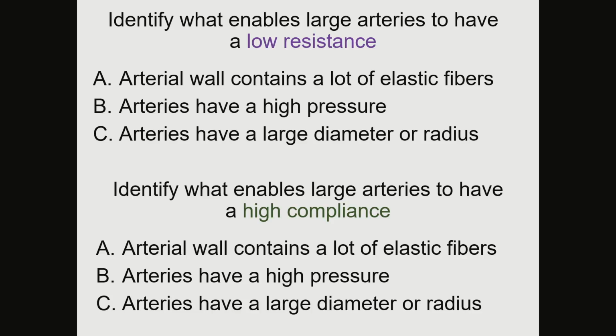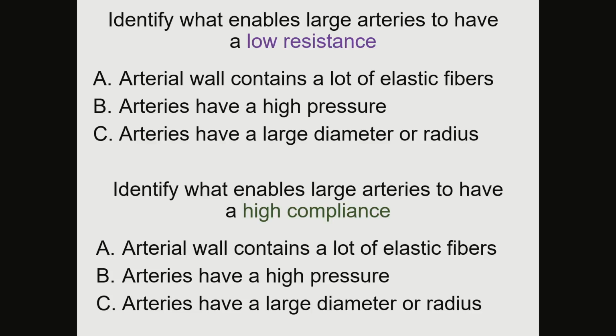When we're talking about resistance, it has a low resistance. So would I equate a large artery to our little straw or our big straw? Our big straw, which has low resistance, right? Easy to drink that milkshake from a big straw. Not so easy from a little straw.